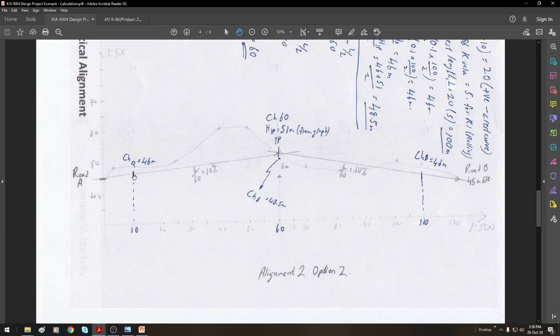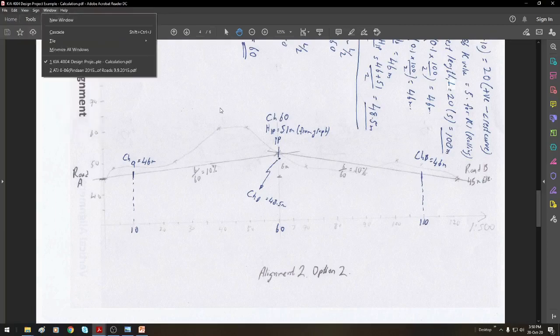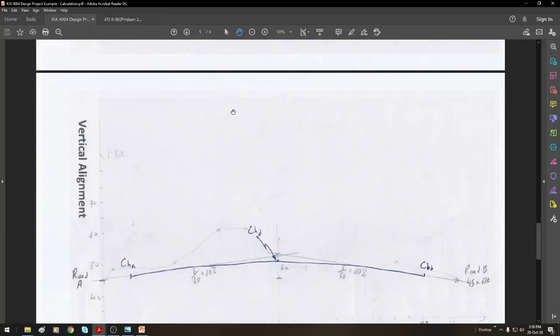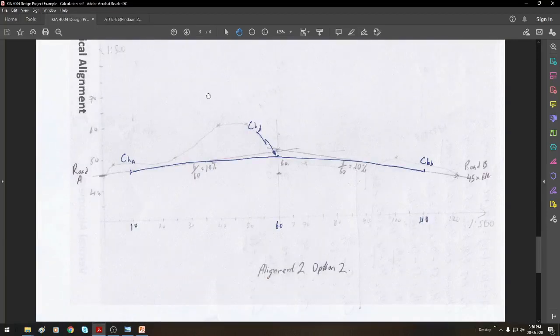So now you need to connect point A, point D, and point B using a flexible curve so that it becomes a curve. Like so. So this is your design vertical alignment.